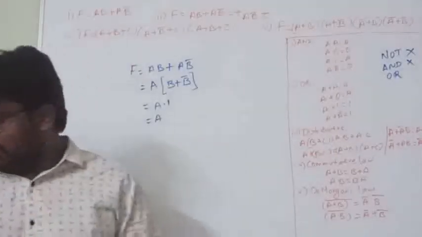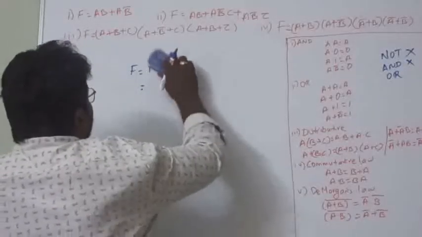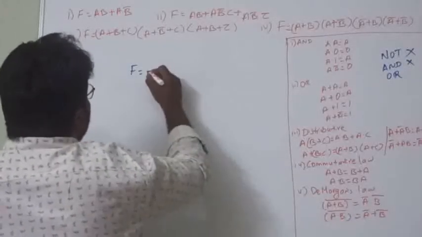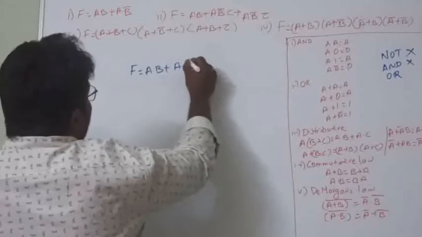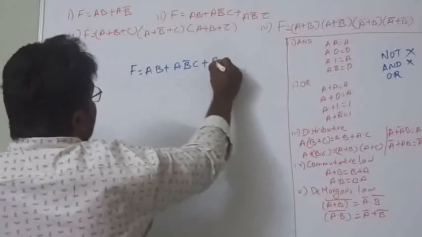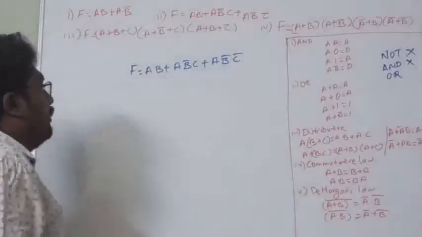Now let us see the second one. The given function f is equal to AB plus AB bar C plus AB complement C complement.